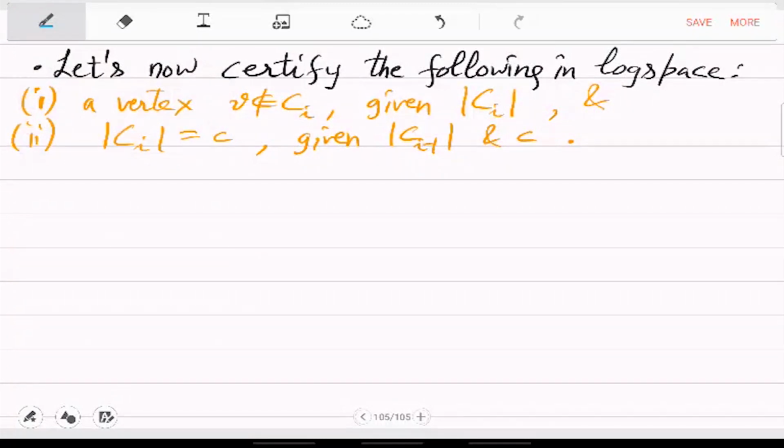So if we do both these things in log space, then this will imply that path is in coNL, or the complement of path is in NL, which will mean NL equals coNL.